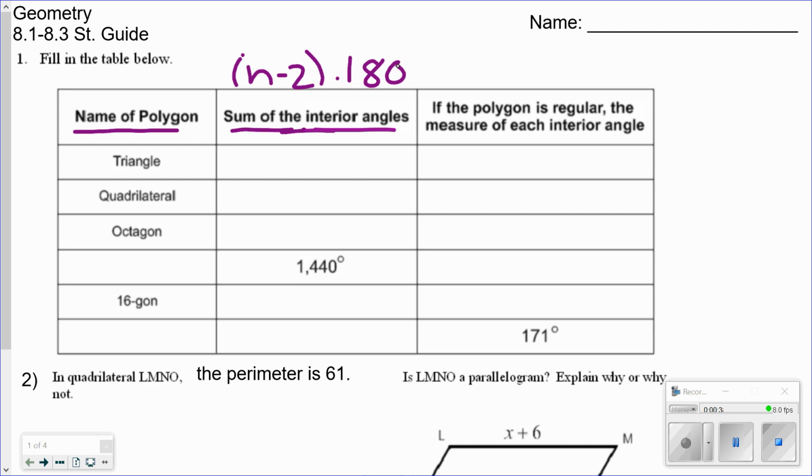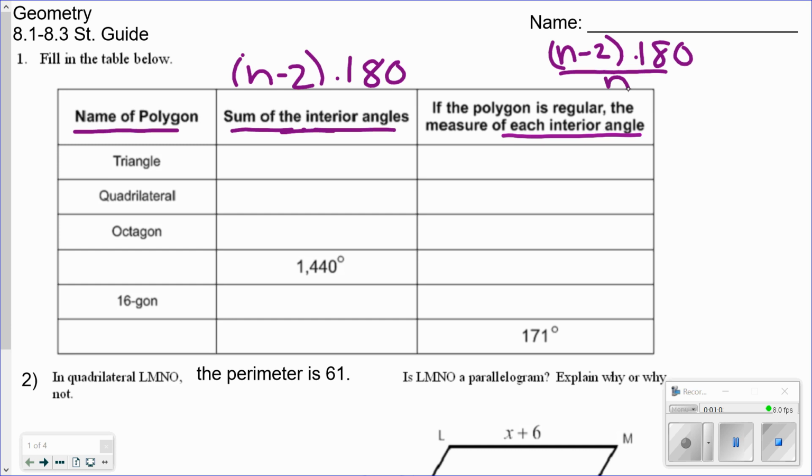And then the last column says if the polygon is regular, remember that the word regular means same: the sides are the same length and our angle measures are the same. Then what's the measure of each interior angle, which would be the equation n minus 2 times 180 divided by n, the number of sides.